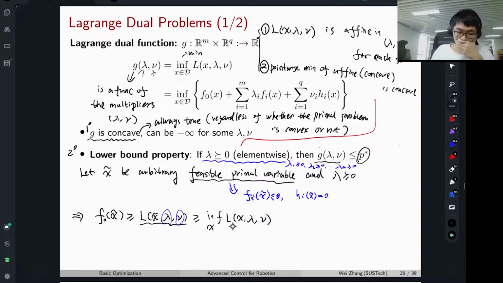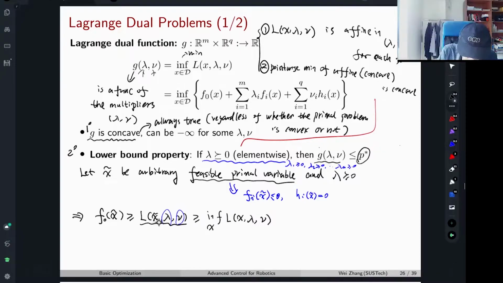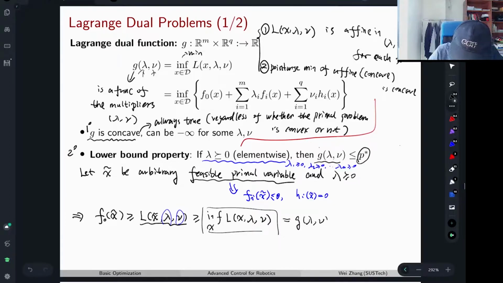Then this function is always bigger or equal to the inf, because inf is over all the possible x. You pick the smallest one, which gives you the smallest L value, and a particular x will be bigger than that, right? And this, by definition, is g of lambda, nu.